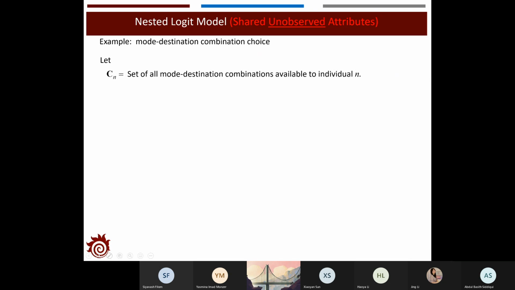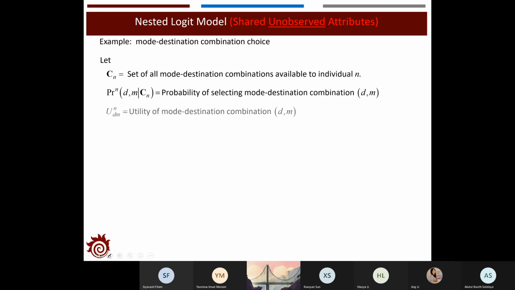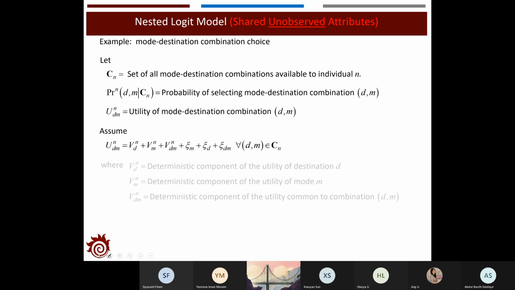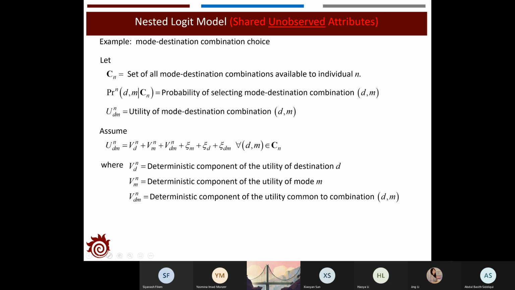We have a set of mode destination combinations, and we can find the probability of selecting a combined mode destination. We know the utility of that combination is the summation of the deterministic component and some random components. In this new definition, we have the same deterministic components as shown previously.